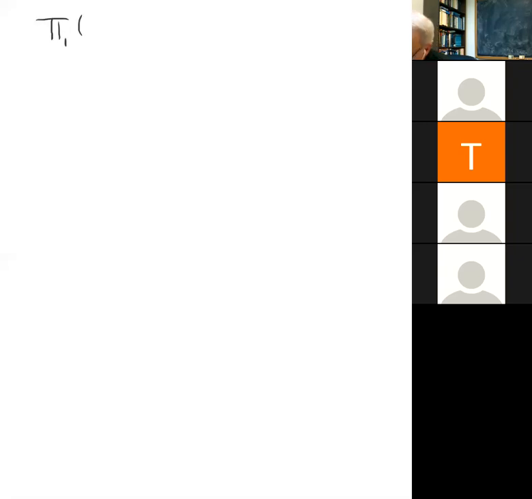So there's pi1, oops. Where did it go? So this pi1 of T2 is a group because there's a kind of multiplication law for loops.